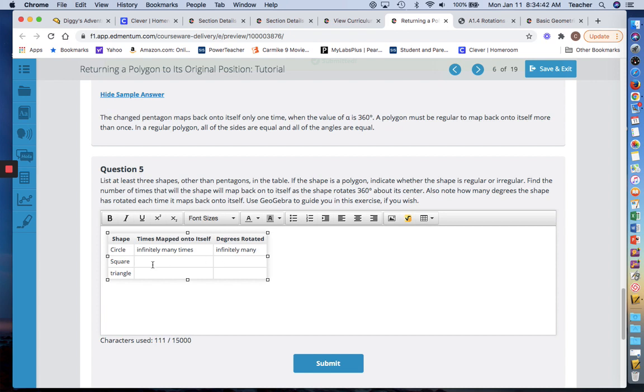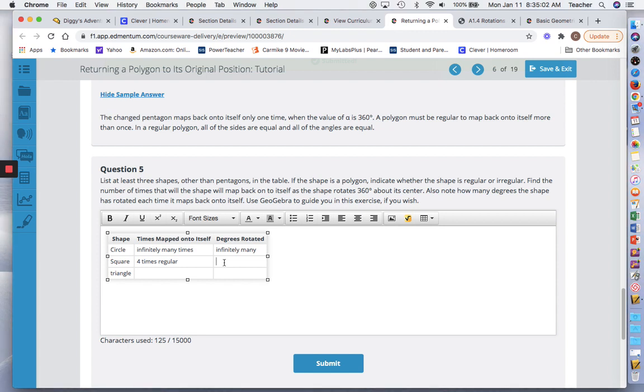All right, square. Square is a regular figure because all 4 sides are the same and also all 4 angles are the same. So it maps back onto itself 4 times because it's regular. I can turn it 90 degrees, like if I'm turning to a different road.